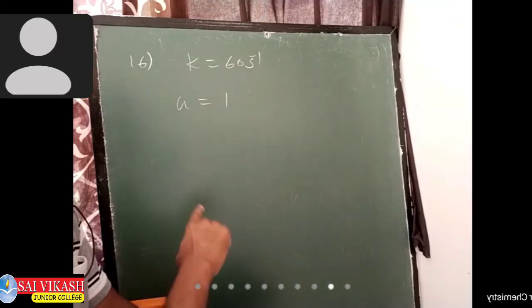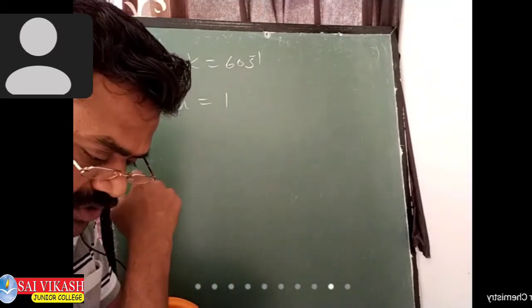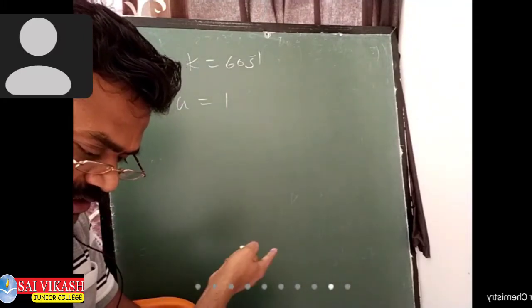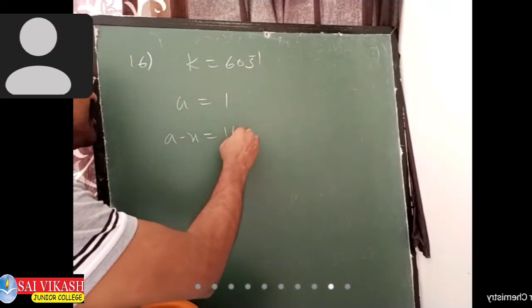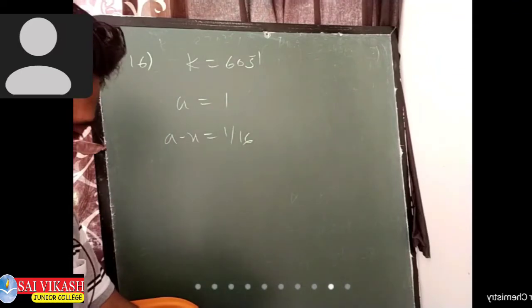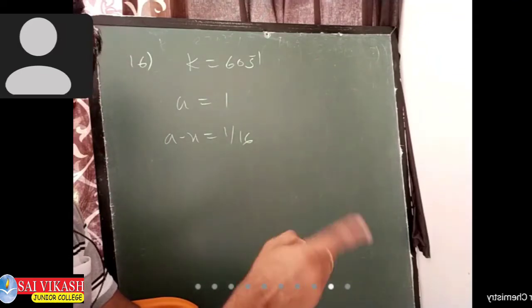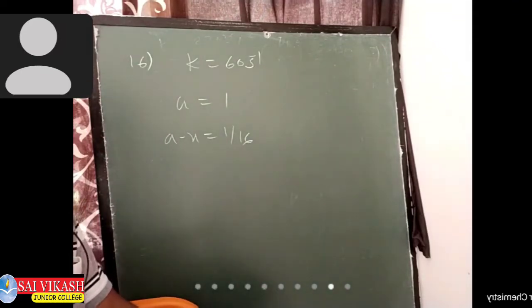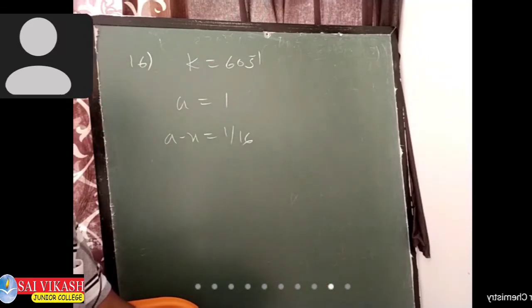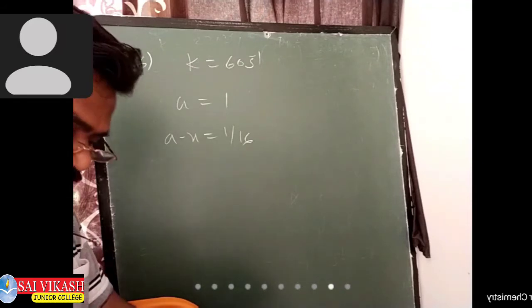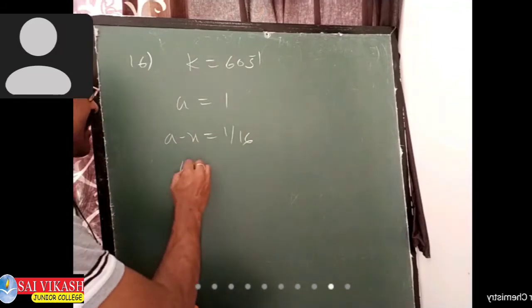Whatever a is taken, it is reduced to 1/16th value, so a minus x will be 1/16th, right? So x will be how much? 15 by 16 gone. So a minus x will be 1 by 16. And here, time they are asking.